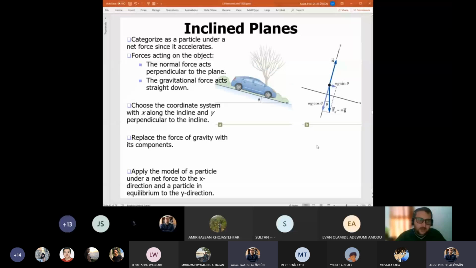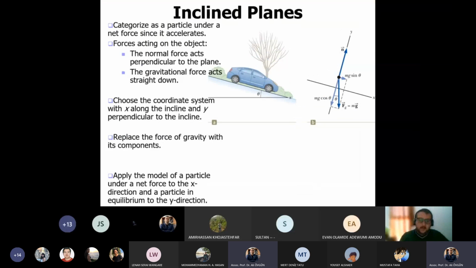Yes, we saw example 6. Now let's look at another important problem, which is the inclined plane. We categorize it as a particle under net force since it accelerates. For the forces acting on the object, the normal force always acts perpendicular to the plane, and the gravitational force always acts straight down.